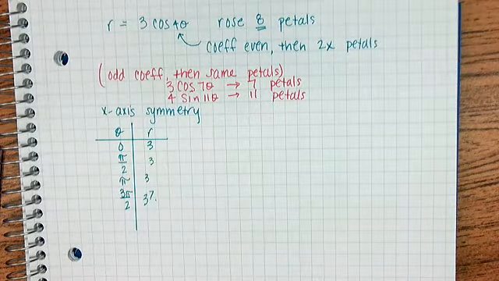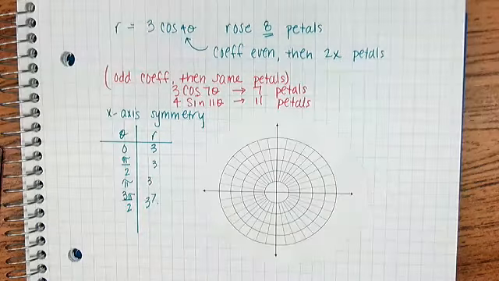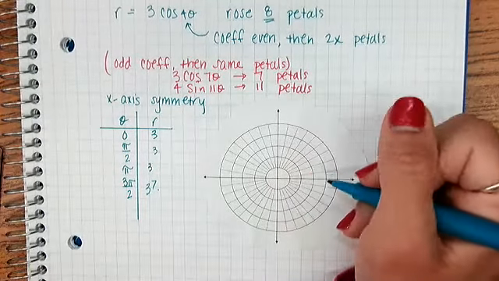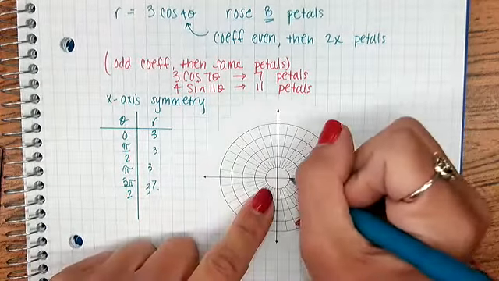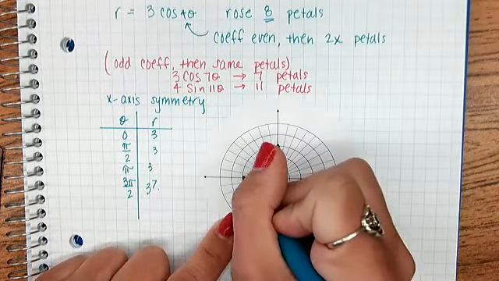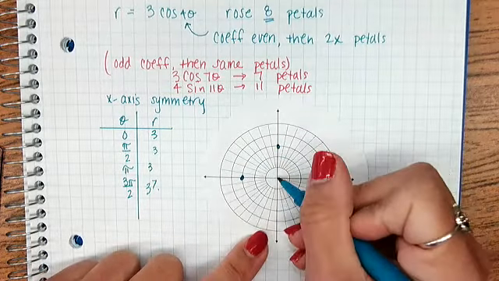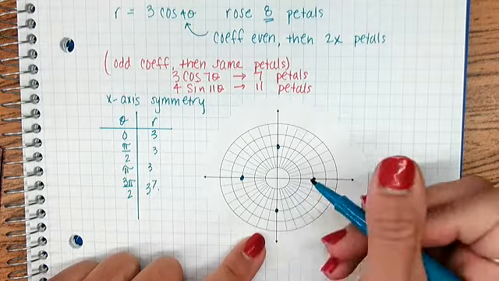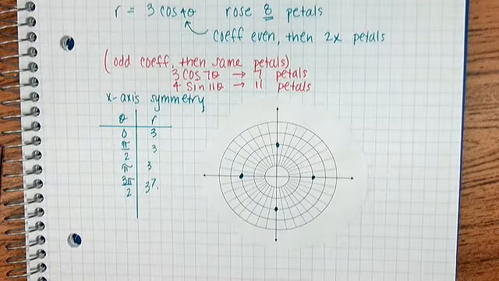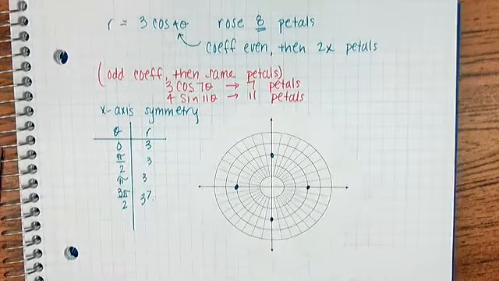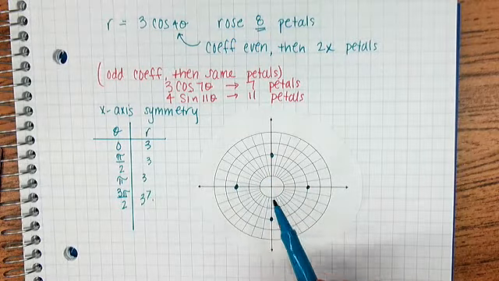We're going to try and graph and figure it out. Everything is 3. So 0, 3, pi over 2, 3, pi, 3, 3 pi over 2, 3. Oh my goodness gracious. I'm going to have to figure out some points in between here.